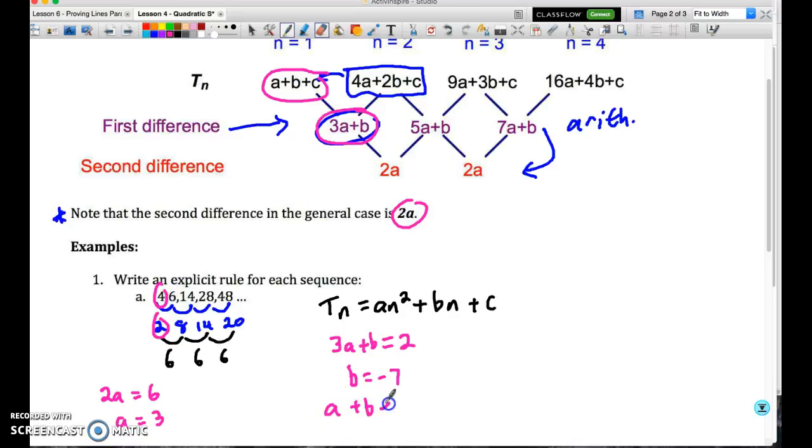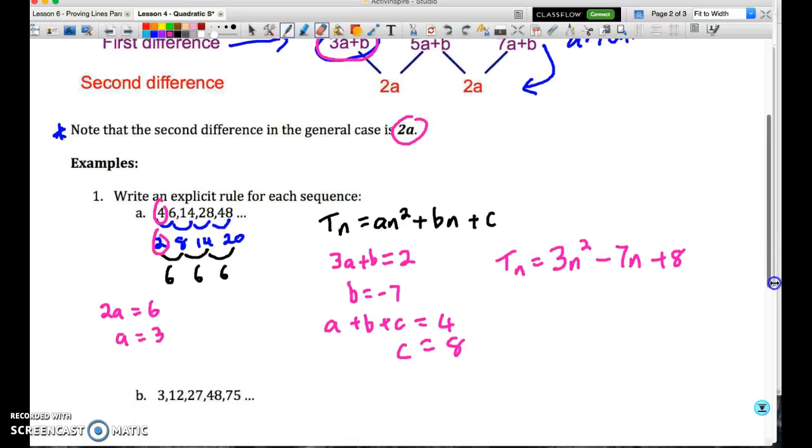So we have a plus b plus c is equal to the first term, which is 4. We substitute in the a and the b values that we've already solved for, and that allows us to solve for c, which equals 8, and we have now got our explicit formula, which will be 3n squared minus 7n plus 8.